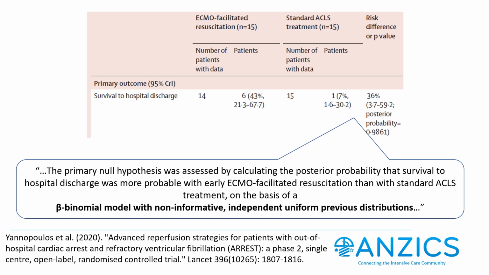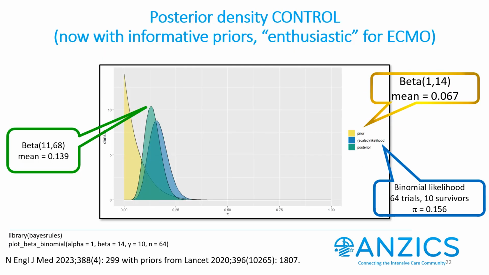What does it do to the New England Journal data that we've already analysed with our non-informative prior? Well, here's the control group, and you'll remember only 1 out of 15, 1 survivor, 14 died in the control group. Can you see the prior is now, the yellow curve is very much bunched up down to the, we don't think this works. Very low probability that it works. Can you see that there? That's the beta 1 14 shape.